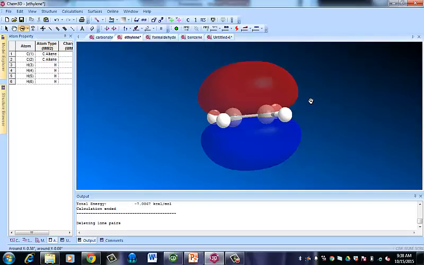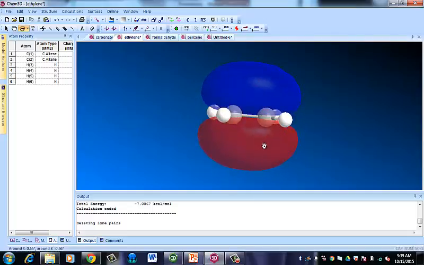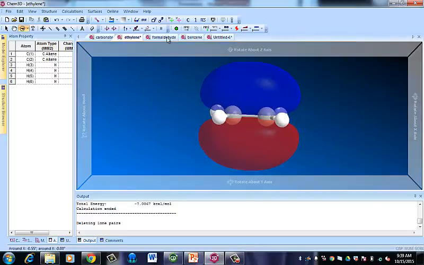I'll turn the lights back on in a minute. So the pi bond in ethylene is a localized pi bond. It's between these 2 carbon atoms. And it looks like a hamburger bun above and below them. That's a localized pi bond.